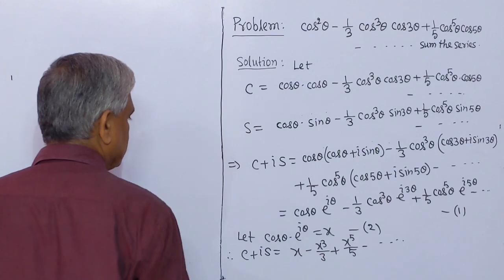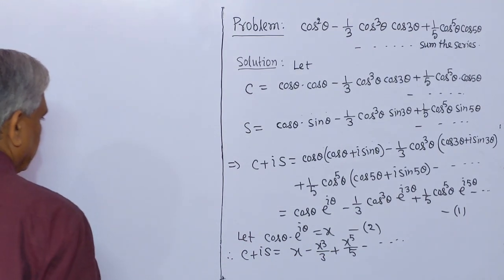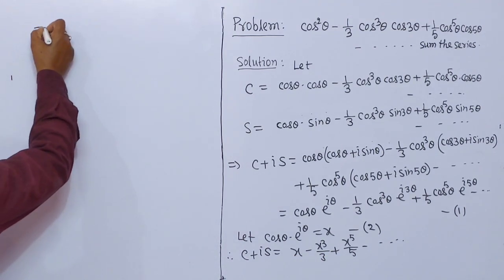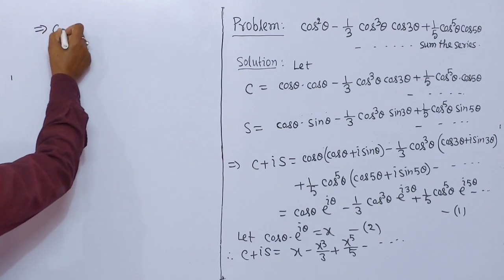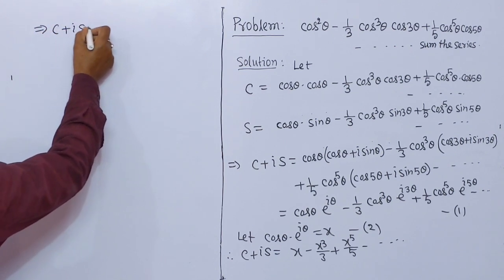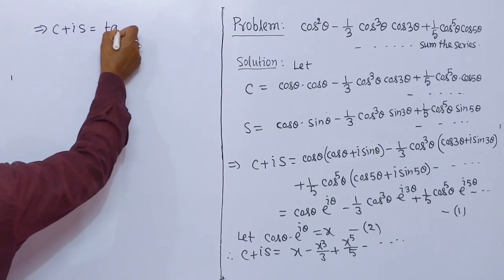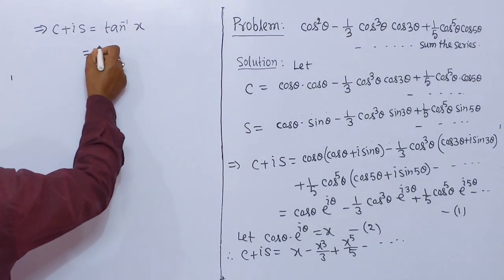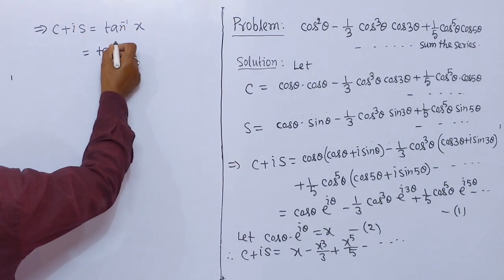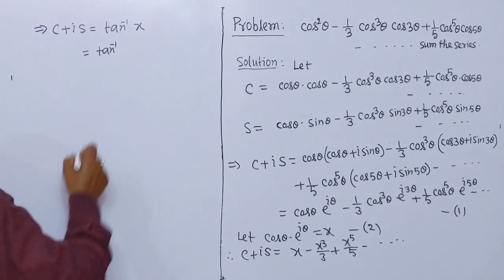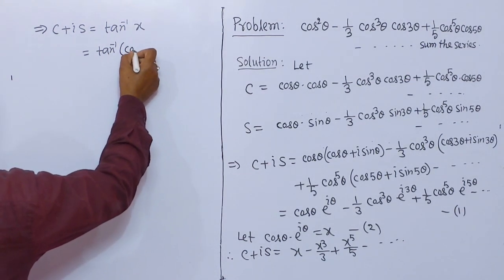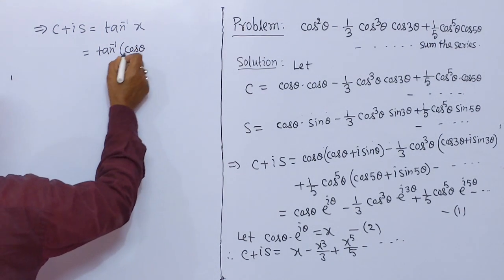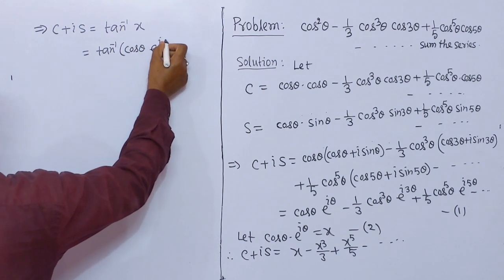This is Gregory's series, which implies that C plus iS equal to tan inverse x. This is equal to tan inverse x, meaning cos theta e to the power i theta.